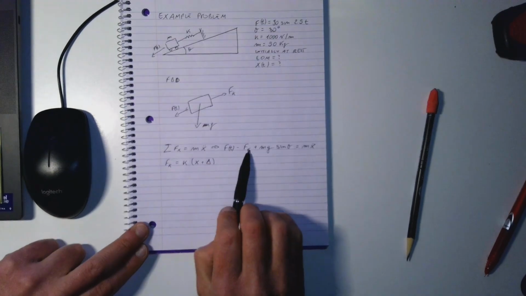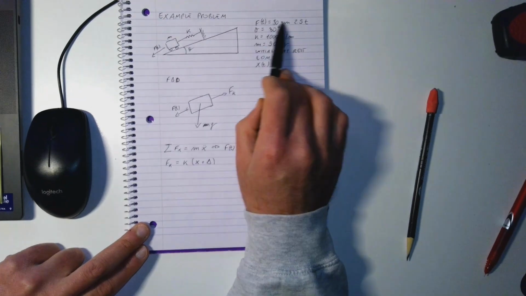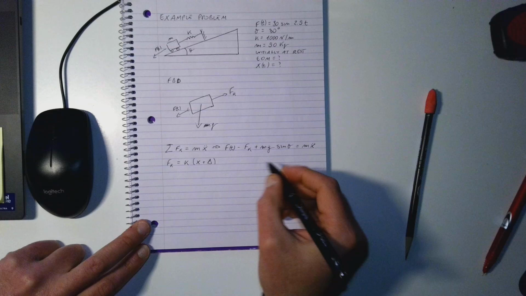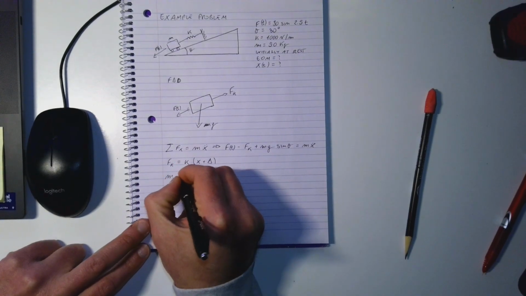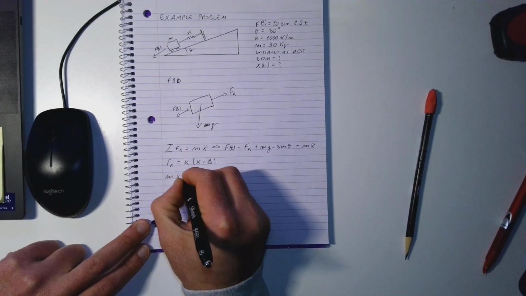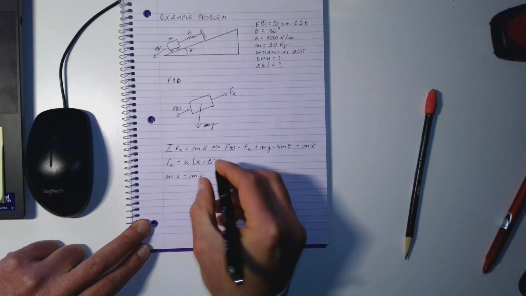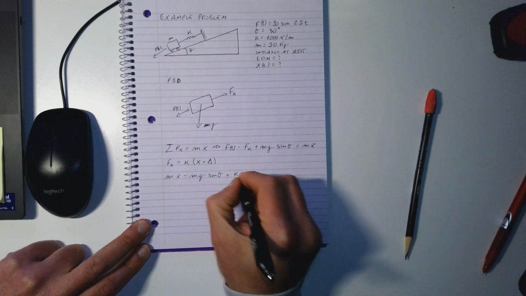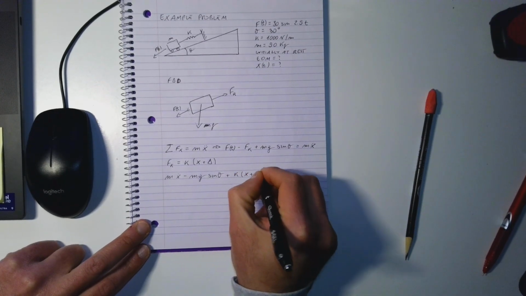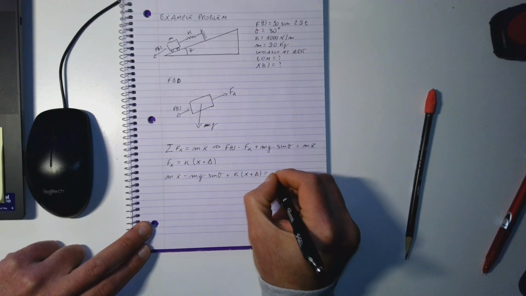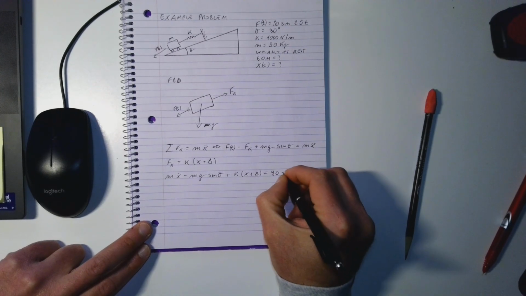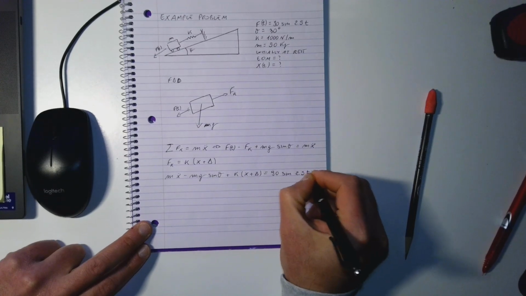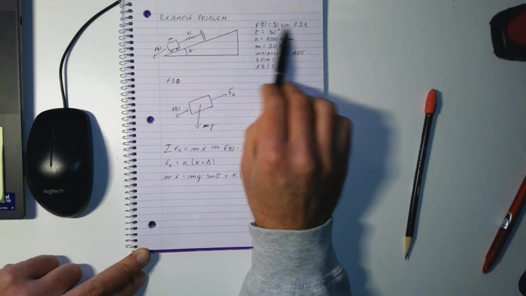Since we also know the external force, we can rewrite our equation of motion as m x double dot minus mg sine of theta plus k times (x plus delta) equal to 90 sine of 2.5 t, which is what we have here.